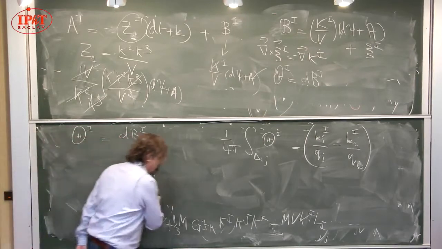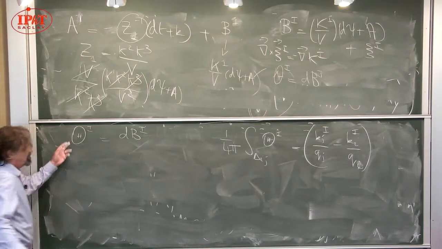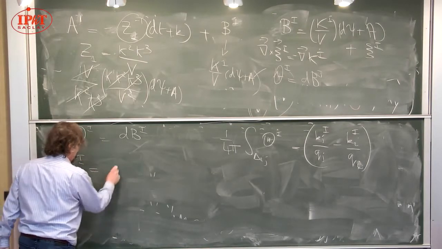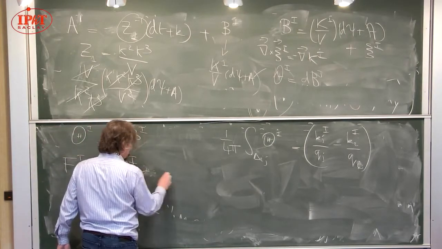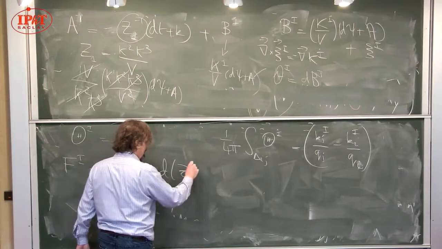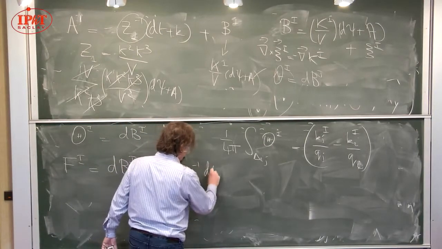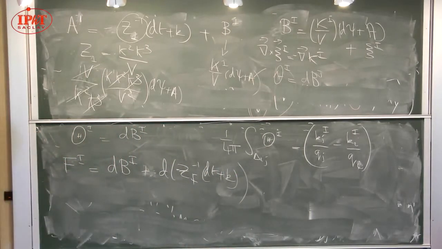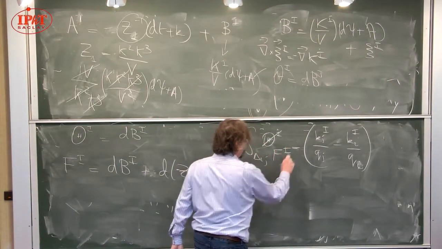However, the message I just gave should be very clear. You don't take the pieces. You take F_i, which is equal to dB_i, that's the magnetic piece, minus d of Z_i, that's minus that plus that, minus 1 dt plus k. And the exercise is to prove that this is exactly correct if you replace this with F_i.